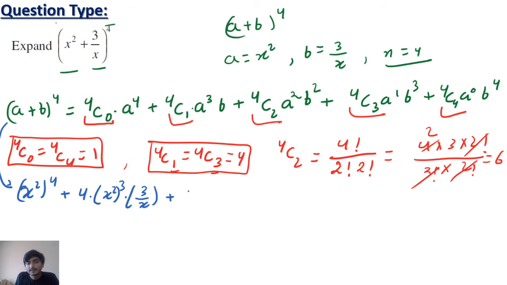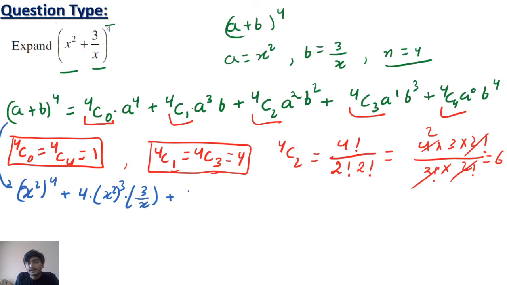Now 6 into x square to the power 2, right? Then b square, so 3 by x whole square. Is it clear? Then 4C3 again is equal to 4 into x square into 3 by x whole cube, plus 1 into a to the power 0, that is b to the power 4.